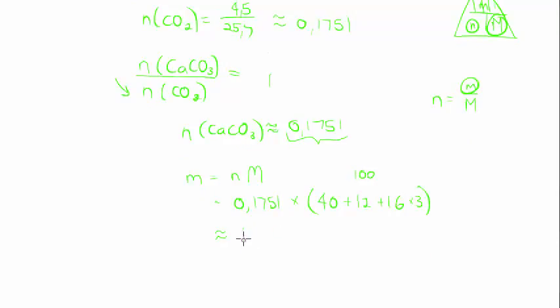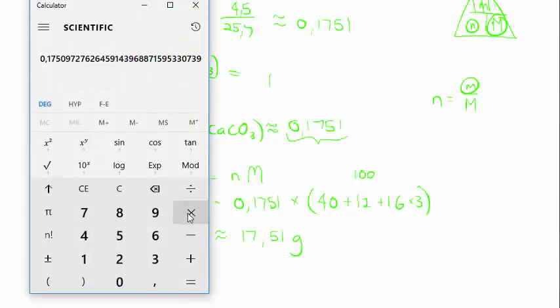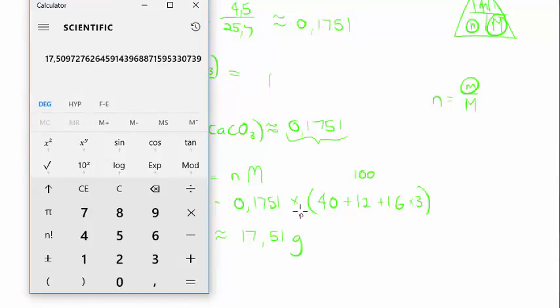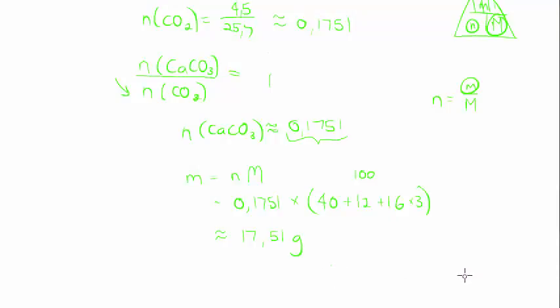So roughly the mass is 17,51 grams, or this answer just times 100. You with me? This is how much mass of calcium carbonate was used up, but we had 25 grams.